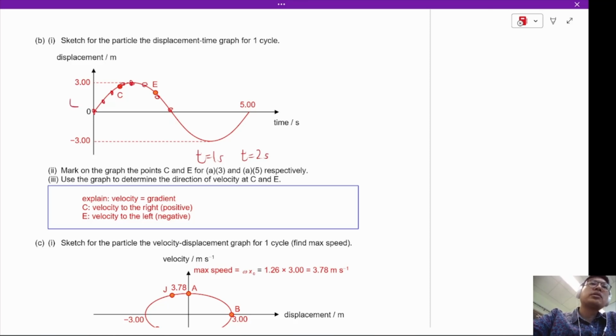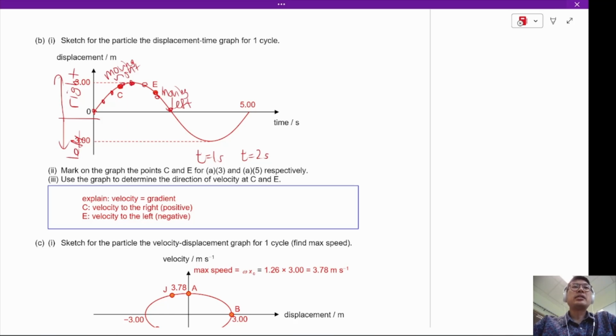Positive displacements are considered to the right and negative displacements are considered to the left. So this is right and this is left. So at point C it is moving right, and at point E it is moving left. Okay, so this is going towards the center point again.